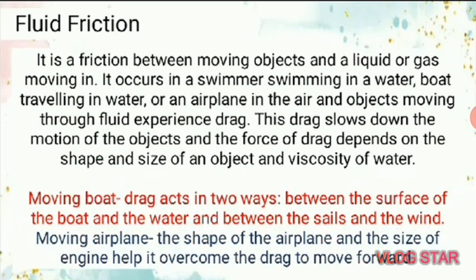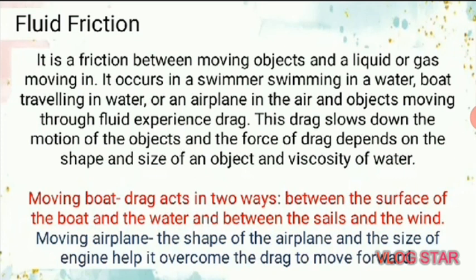So ang nabubuong friction between moving objects and a liquid or gas moving in ay yun yung tinatawag nating fluid friction. Kahit pa ito ay sa liquid or gas, under pa rin ito sa fluid friction. Next is moving airplane. The shape of the airplane and the size of the engine help it to overcome the drag to move forward.